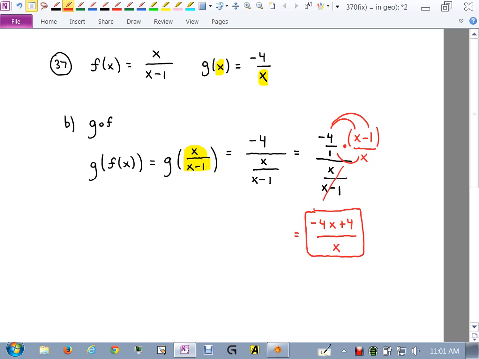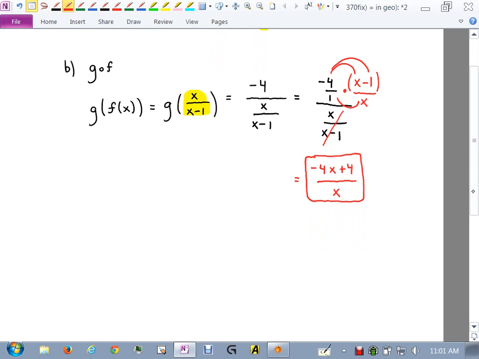Okay? So when we were talking about domains last time, what we said is, in this problem you're going to start with x. I'm sorry, it's going through F first. Sorry. It's going through F first, then it's going to come out as F of X. That's going to go through the G function.